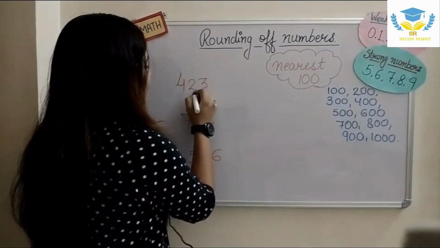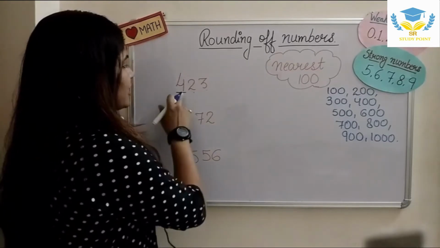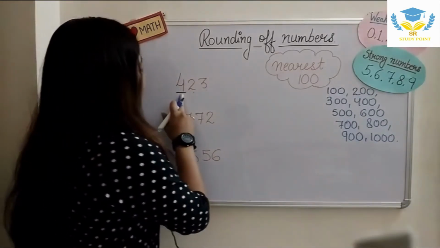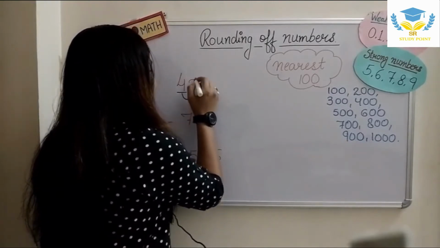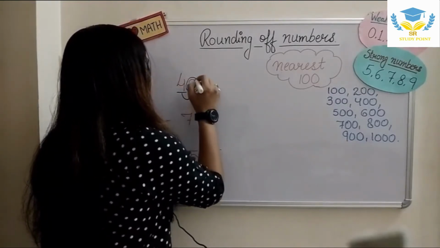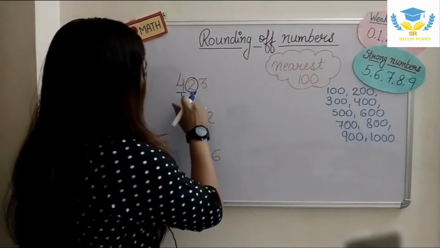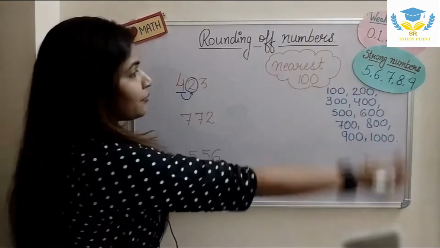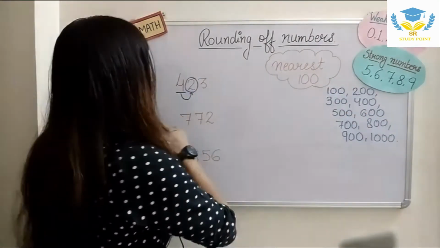It's ones, tens and hundreds. So I'm going to underline this number which is at the 100 place, and I'm going to circle the number which is next to the 100 place, that is at the tens place. So now again the strong and weak number concept. 2, weak number, very good.